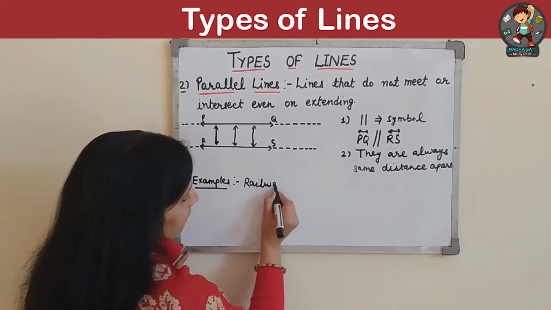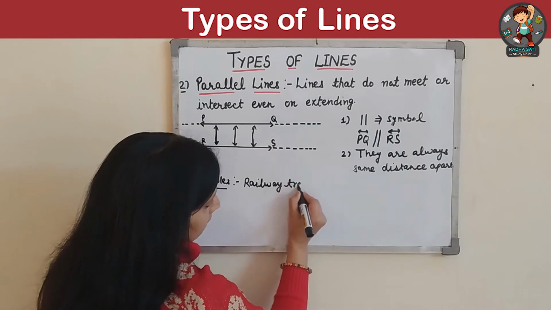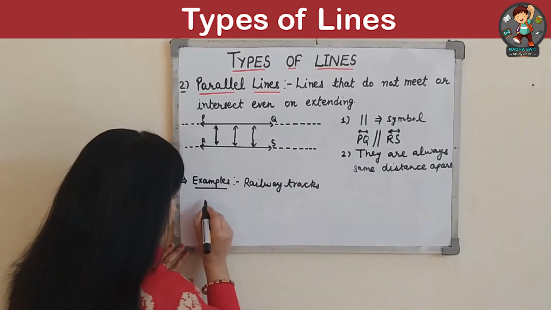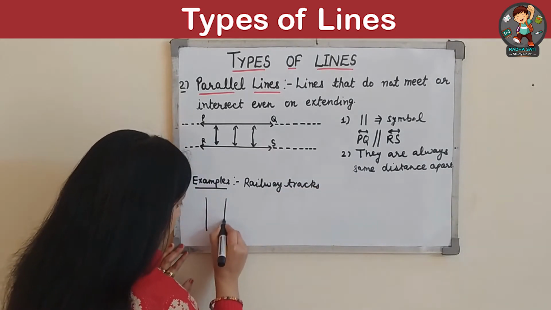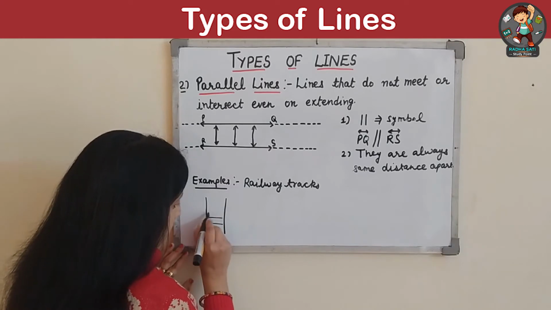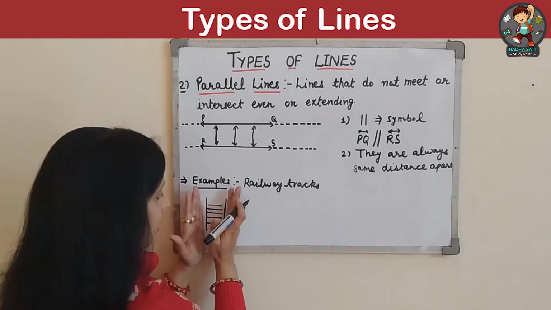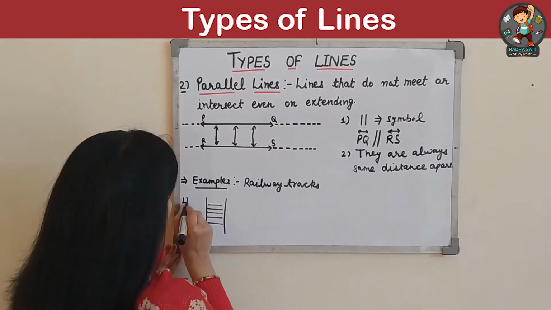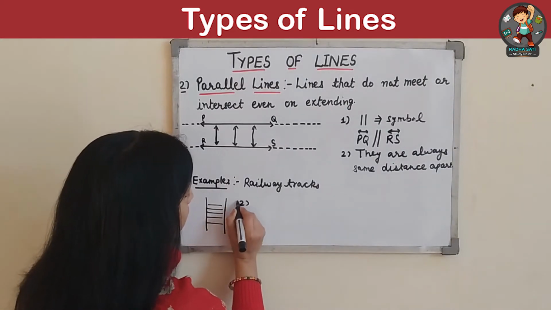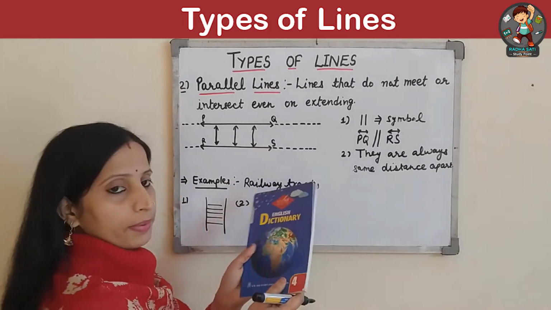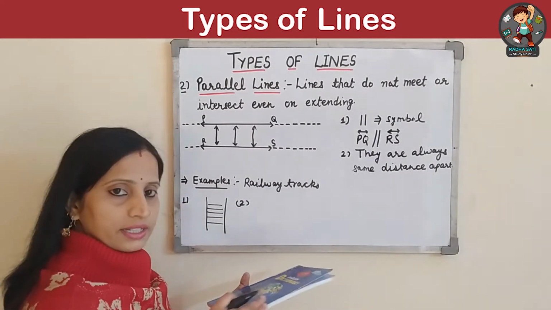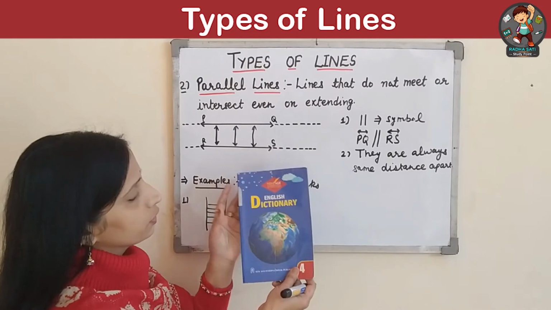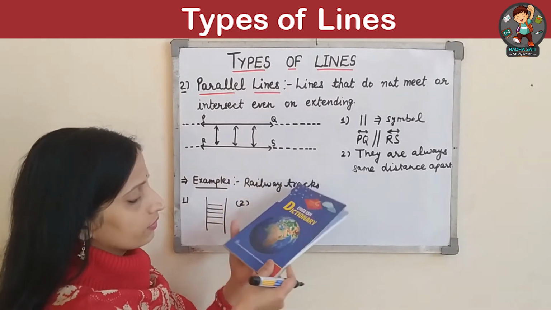In railway tracks, you can see that the tracks look something like this, and they are parallel to each other. The second example you can take is the edges of your textbook. Here I am using this dictionary, this book.